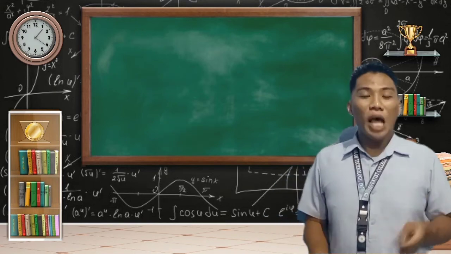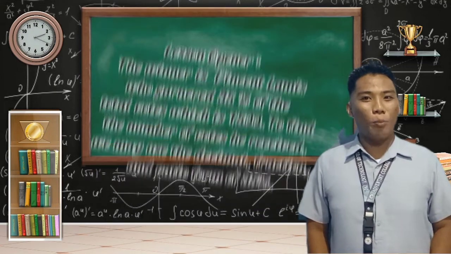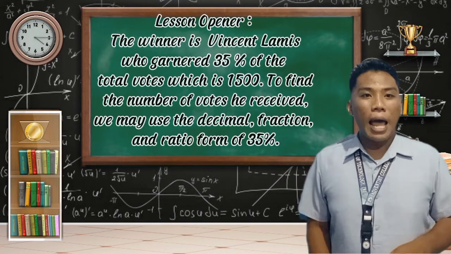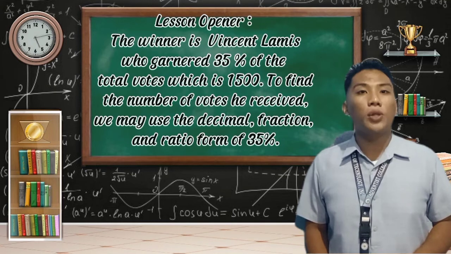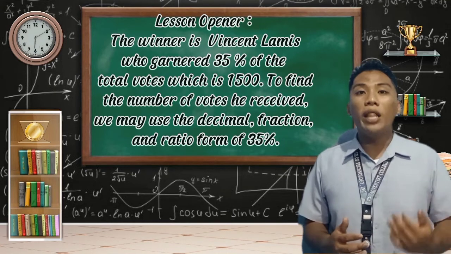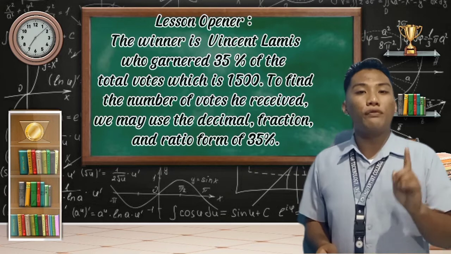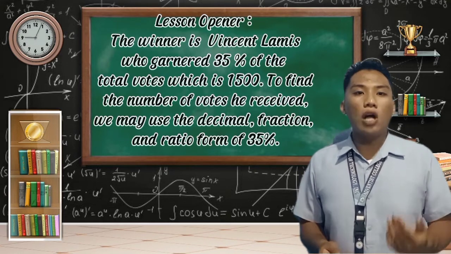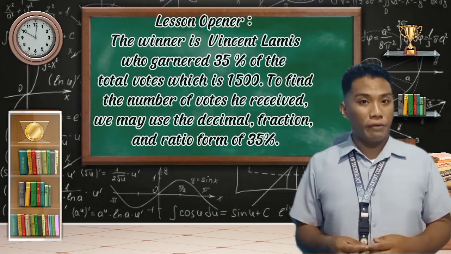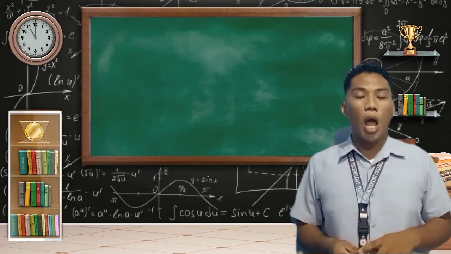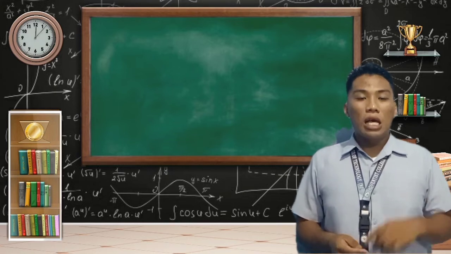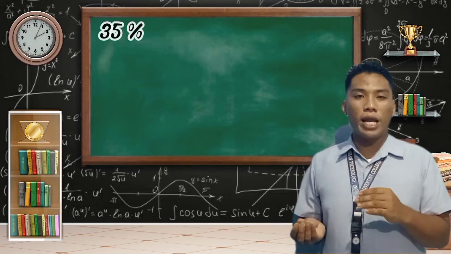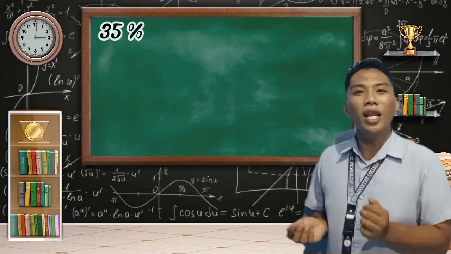And now, class, let us answer our lesson opener. The winner is Mr. Vincent Lamis, who garnered 35% of the total votes, which is 1,500 students. So to find the number of votes he received, we may use the decimal, fraction or ratio form of 35%. So to use the fraction form, we have 35%, we should convert into a fraction, it will be, anyone?